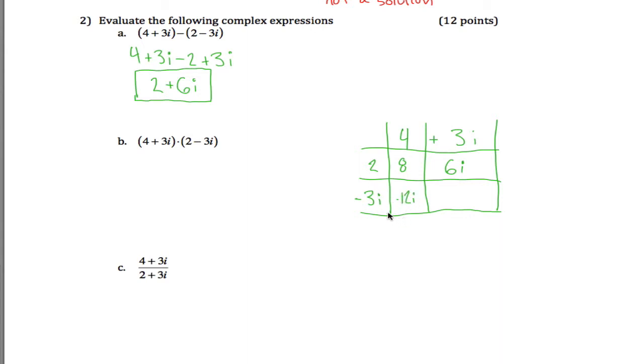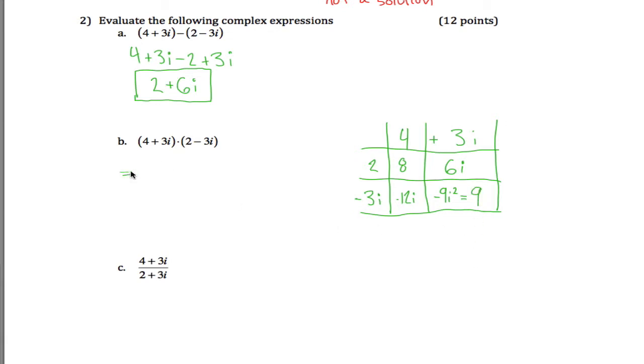So far we're just treating the i's like they're variables. Negative 3i times 3i is negative 9i squared. However, i squared is negative 1. So this is negative 9 times negative 1, positive 9.